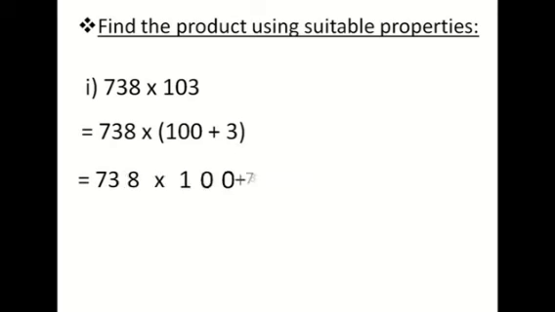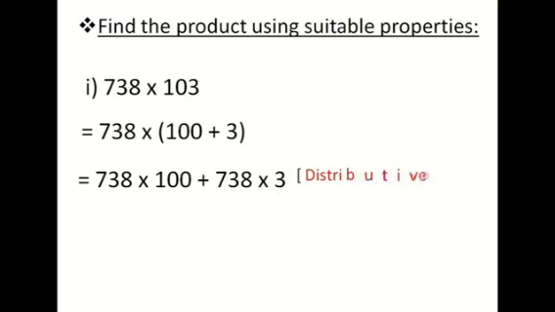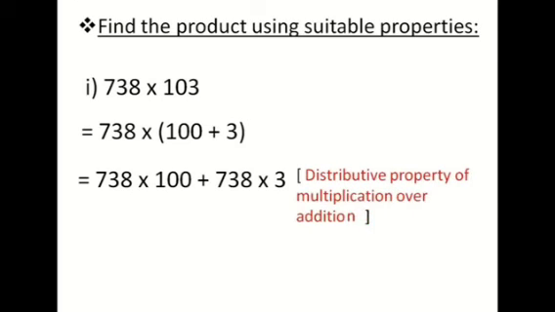So carry on. A into B plus A into C. So 738 into 100 plus 738 into 3. So here we have used distributive property of multiplication over addition. So please mention that property name.